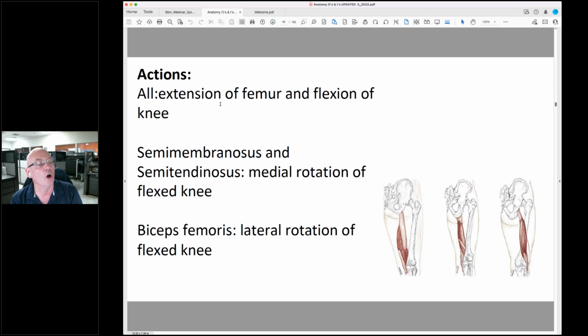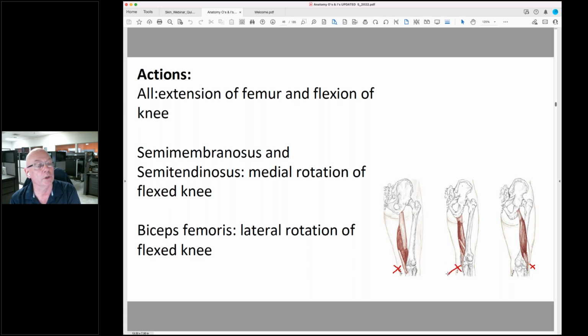The actions for all three of them are extension of the femur and flexion of the knee. They all extend the femur and they all flex the knee. Now, you can see here that biceps femoris comes out to the lateral side, whereas both semimembranosus and semitendinosus come to the medial side.